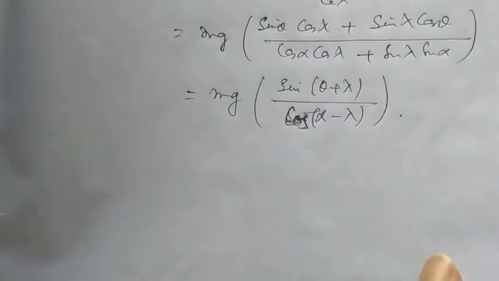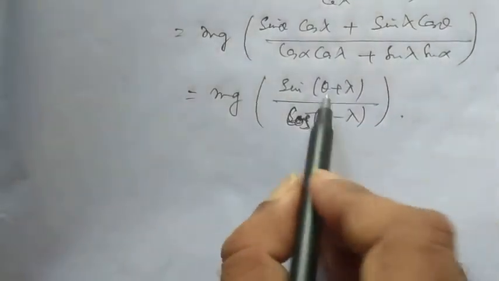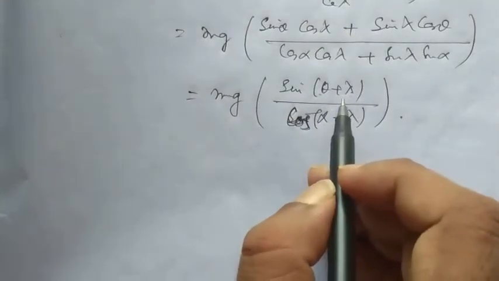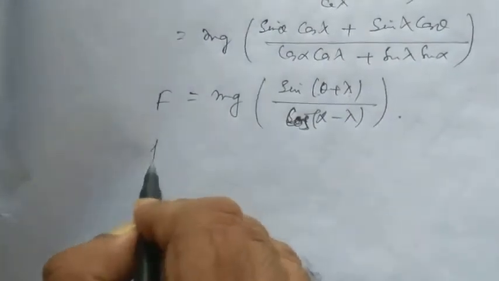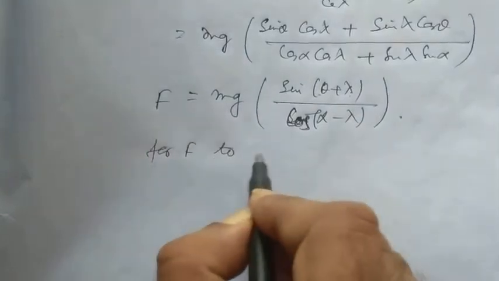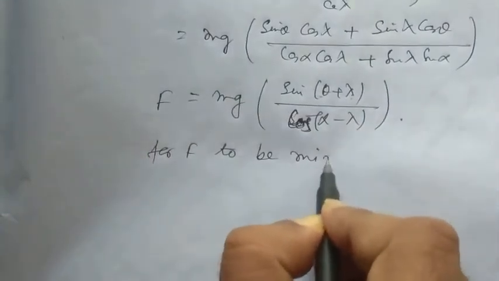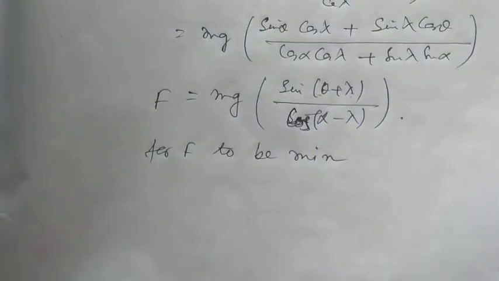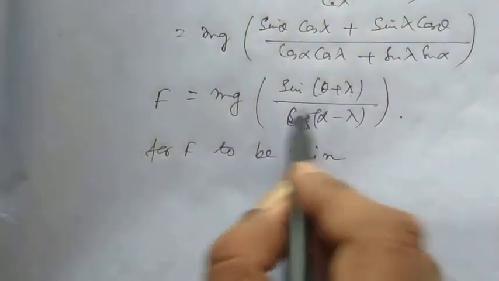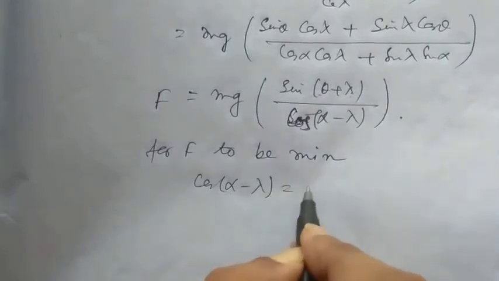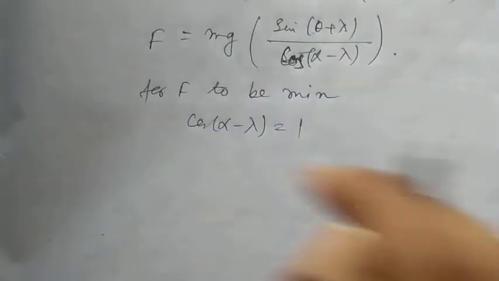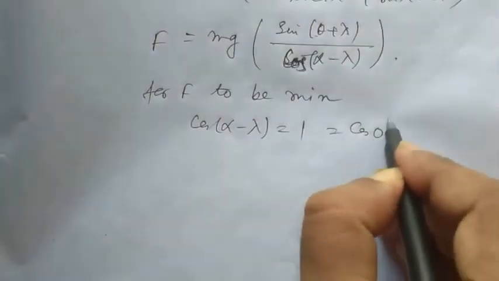So for given values of theta and alpha, this is F. For F to be minimum, the denominator should be maximum. Cos of alpha minus lambda is equal to 1, that means equal to cos of 0.